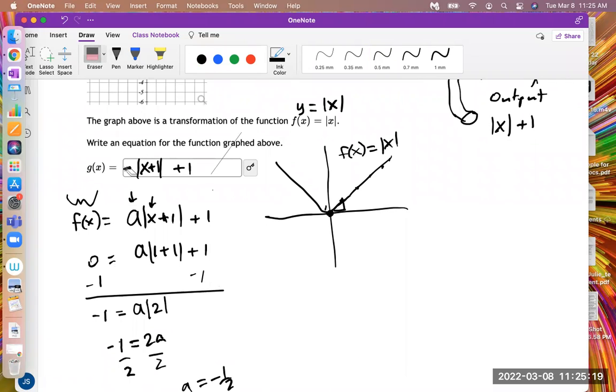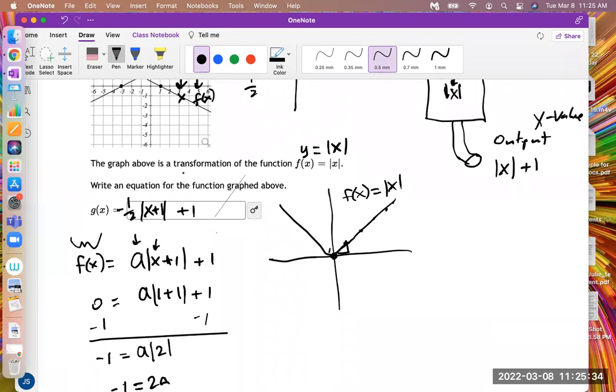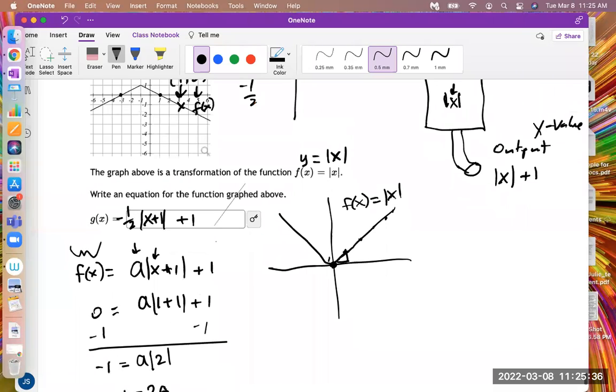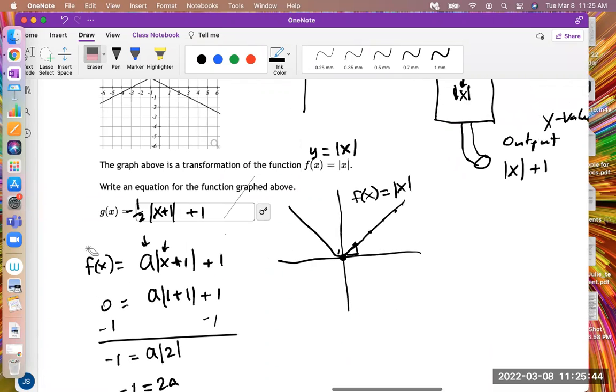So the actual equation that we want for our answer is -1/2 times the absolute value of x plus 1, plus 1. If we wanted to double check it, we could also plug in another value that we know should be on the graph.